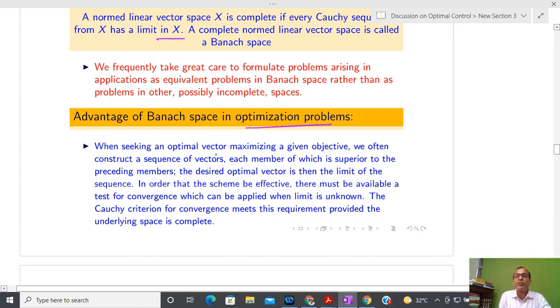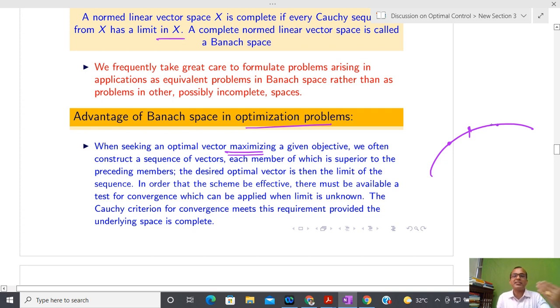When seeking an optimal vector, maximizing or minimizing a given objective, we often construct a sequence of vectors, each member of which is superior to the preceding member. Since we are talking about maximization, it means that I have constructed some number.